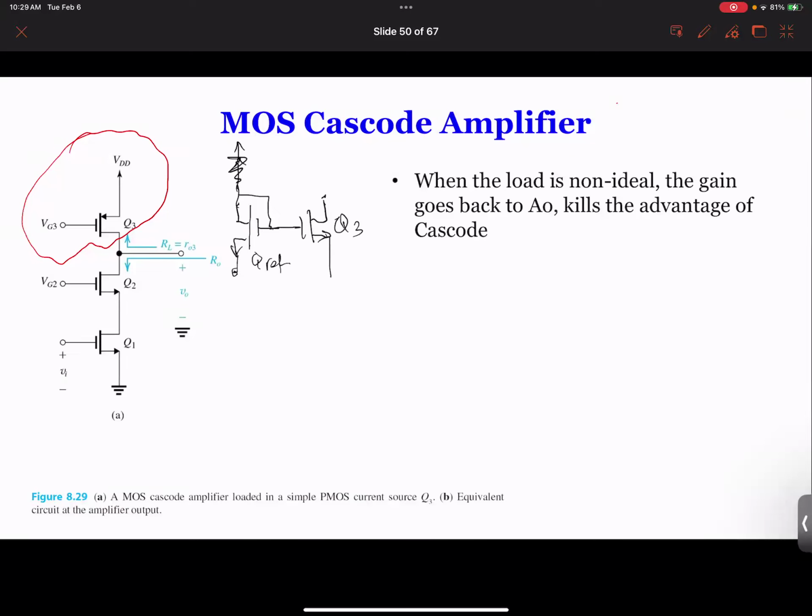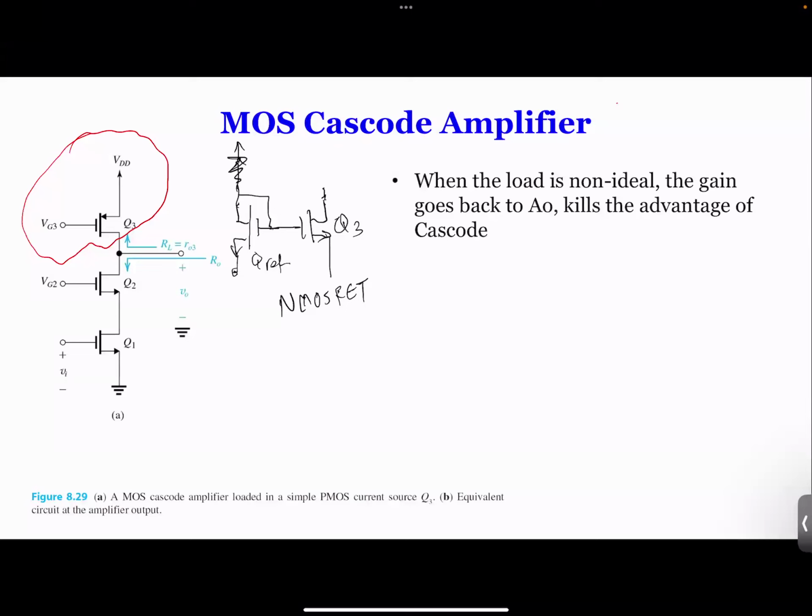So that's what you have with your current source. I'm sorry, this is the NMOS, but for PMOS it's very similar. We can certainly draw the equivalent circuit, but for the time constraint, the idea is that this Q3, for small signal, the current source is equivalent to RO as kind of the load, the output resistance.